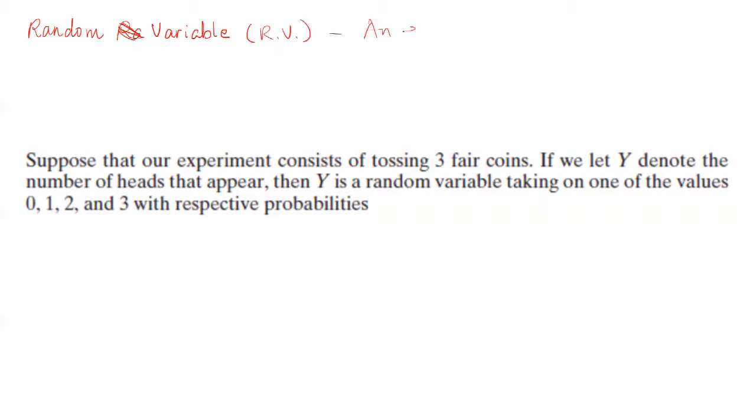An example. Suppose that our experiment consists of tossing 3 fair coins. If we let y denote the number of heads that appear, then y is a random variable, taking on one of the values 0, 1, 2, and 3 with respective probabilities.